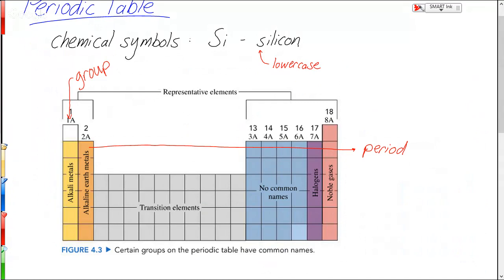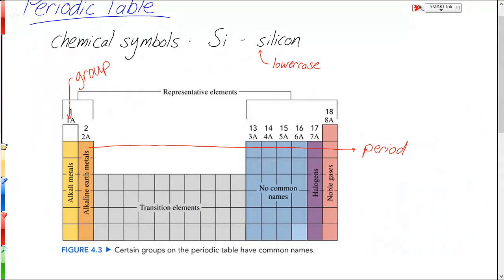The next ones over are the alkaline earth metals. And then you've got halogens and noble gases over on the right. The transition elements make this big gray block in the middle, sometimes called the transition metals. And contrary to what the book says, there are some common names of the other ones. We're just not going to worry about them in this class. So the important ones are those two extremes and then the transition elements in the middle.